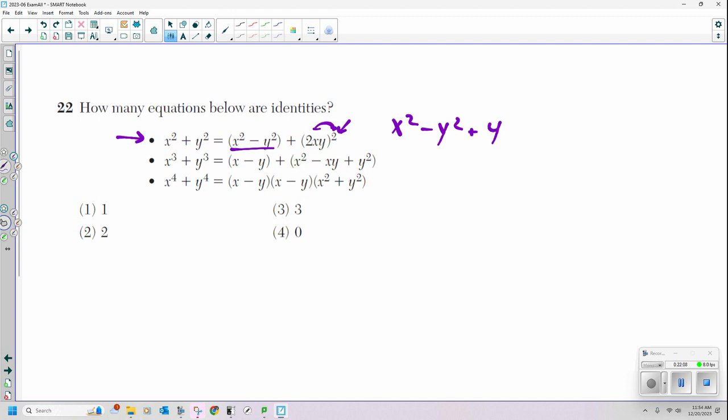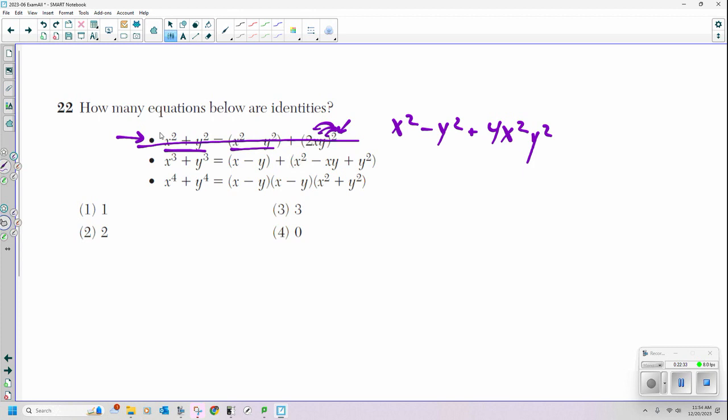I square the x, I square the y. That's one term, so that's 4x squared y squared. I can't combine anything anymore. That does not equal x squared plus y squared. So this one is not an identity. They are not equal to each other.